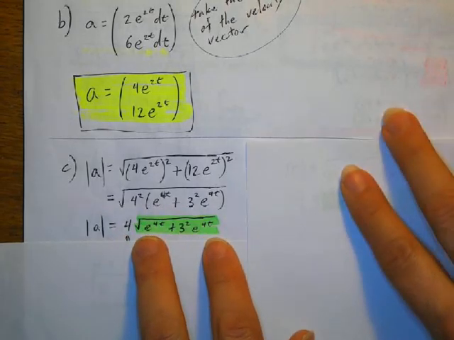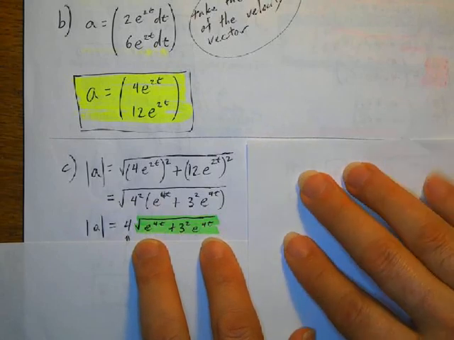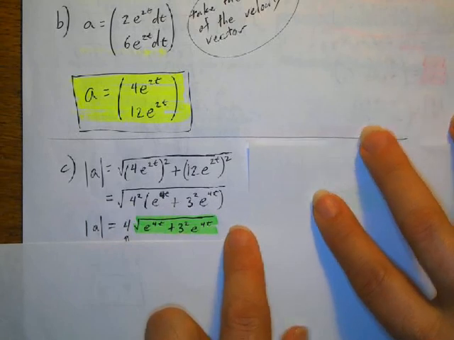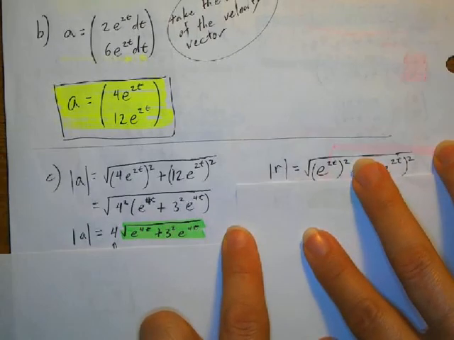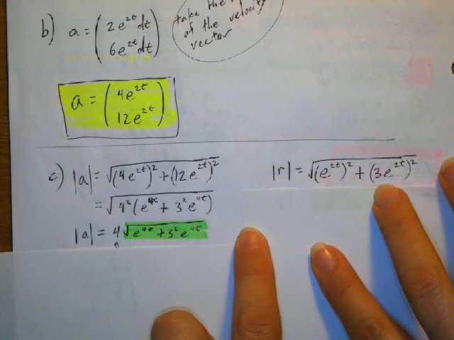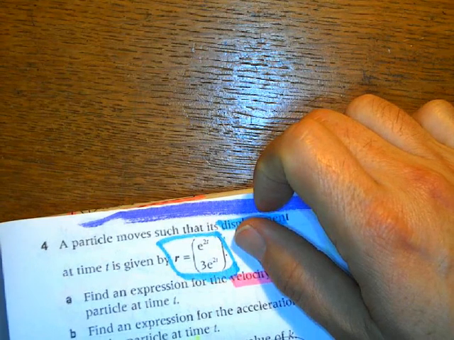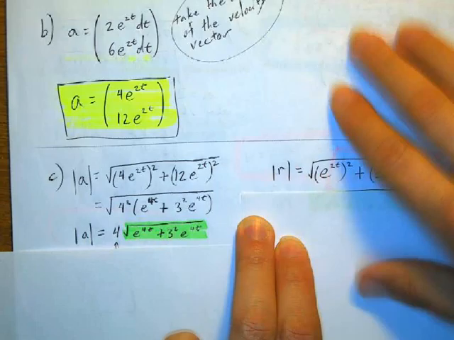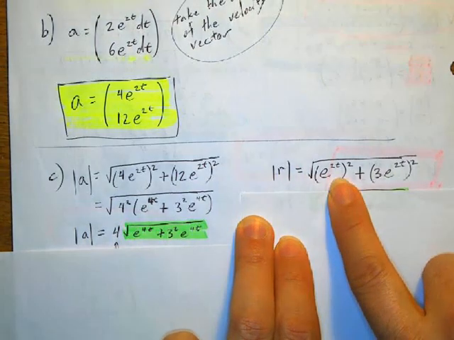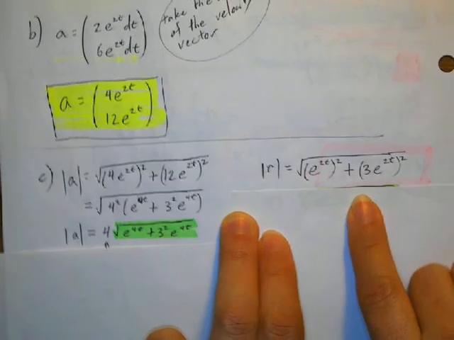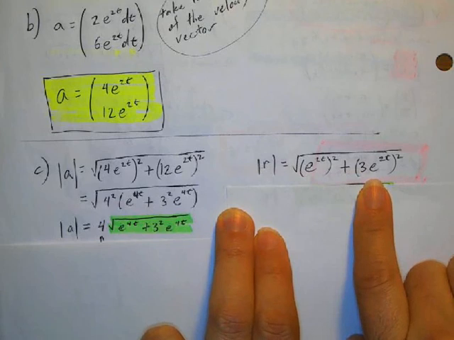Okay, so now I need to figure out the magnitude of my displacement vector. So my displacement vector is e to the 2t, 3e to the 2t. So I'm taking those values, squaring them, adding them together, taking the square root to get the magnitude of the radius vector.